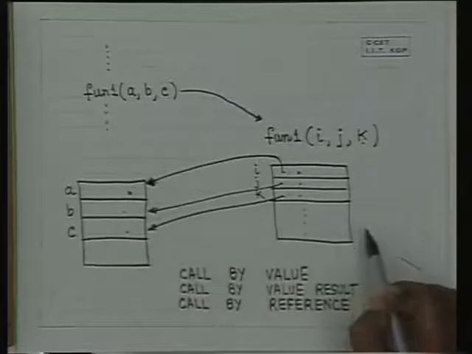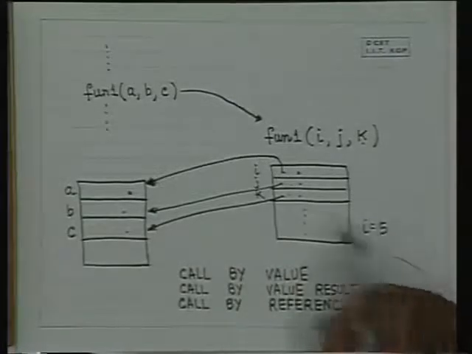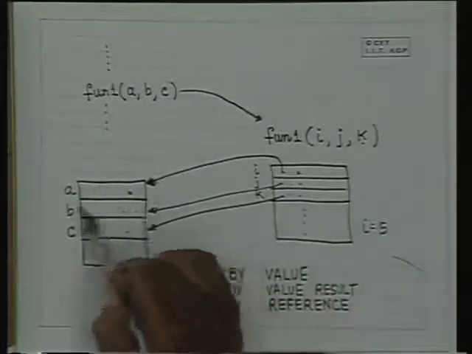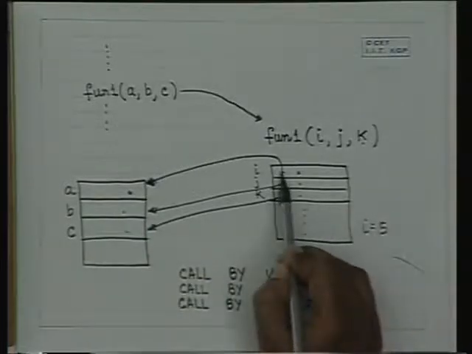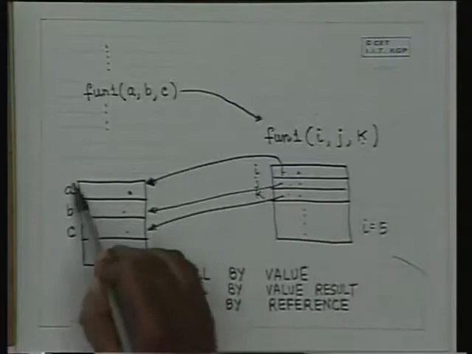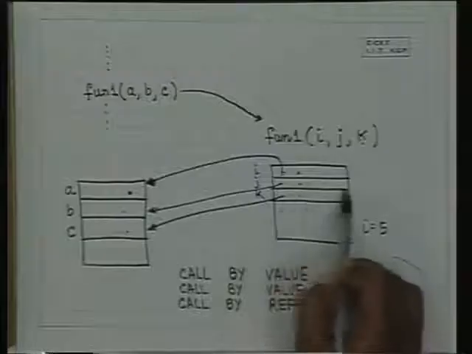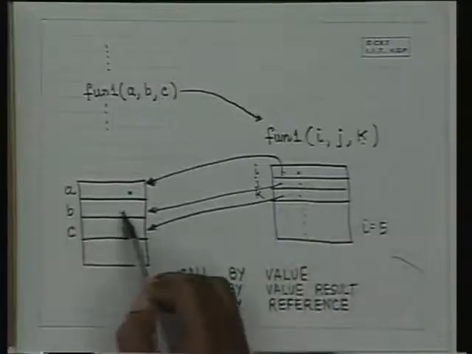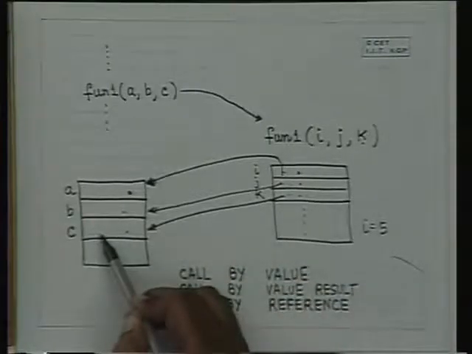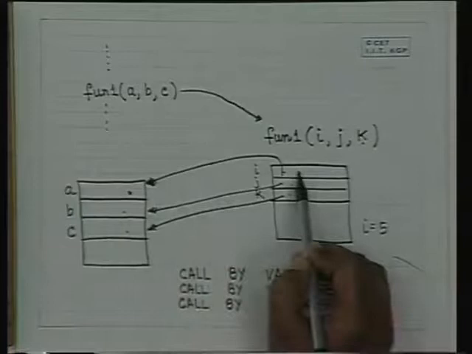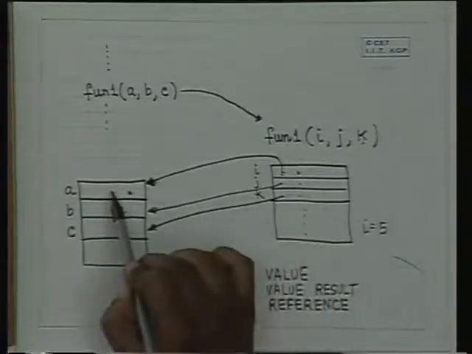Alright, so if you write I equal to 5, then here there is a change. It uses this location to keep the address of A. It uses this location to keep the address of B. And it uses this location to keep the address of C. And it uses this address to modify the contents.